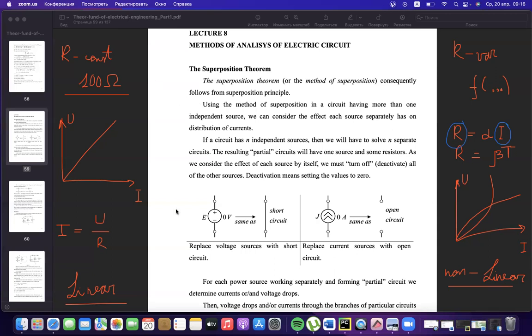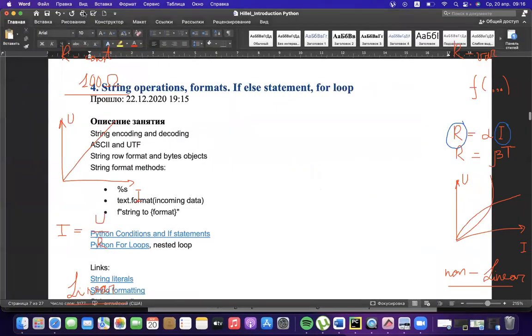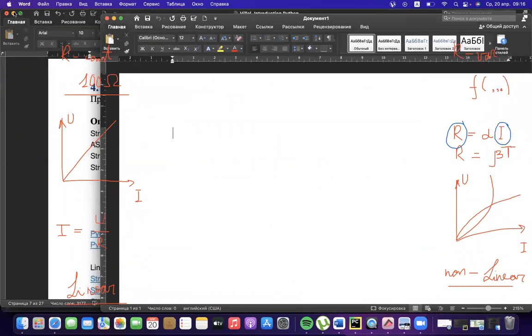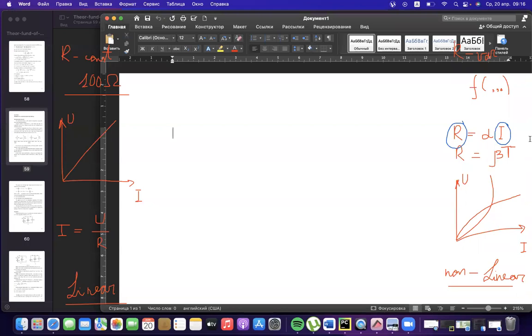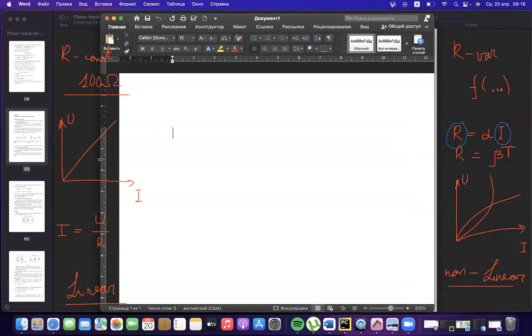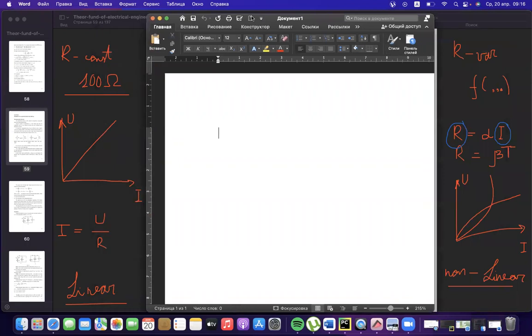The idea of the superposition method, just a moment. The idea is just like that.